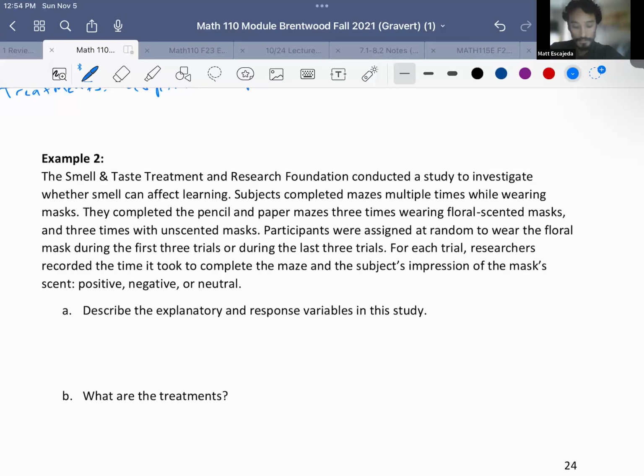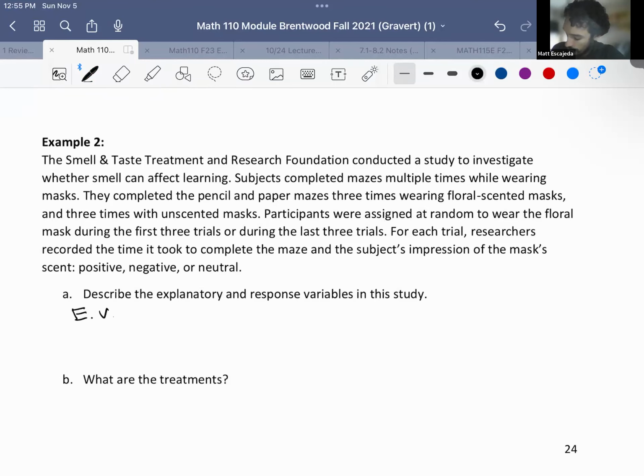Part A wants us to describe the explanatory and response variables in the study. The explanatory variable, remember, that's our independent variable, the one that's causing change.